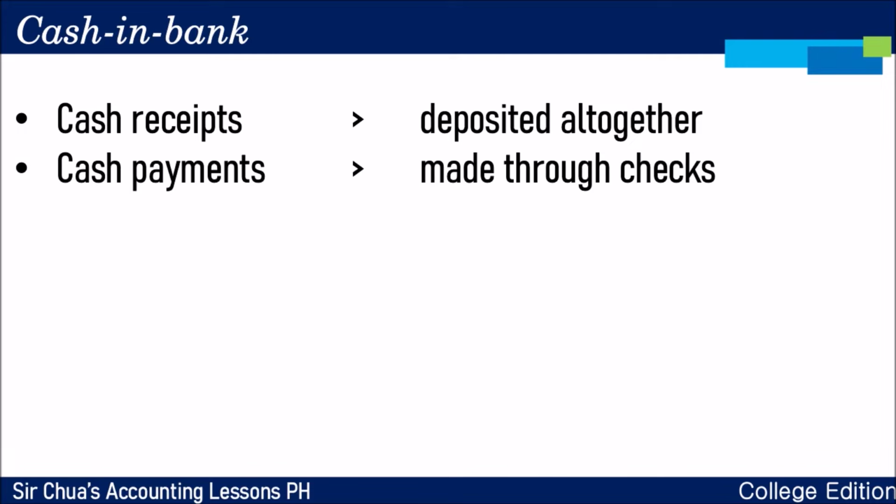So, pag nagbabayad tayo sa mga suppliers natin or pag nagbabayad tayo ng expenses, kailangan po talaga nakacheque para properly documented at may proper approval po tayo. That's actually a control mechanism of a company para hindi tayo nagkakaroon ng asset misappropriation or theft of cash. So, naiiwasan po natin yung mga hindi magagandang bagay na mangyari sa ating company's cash.